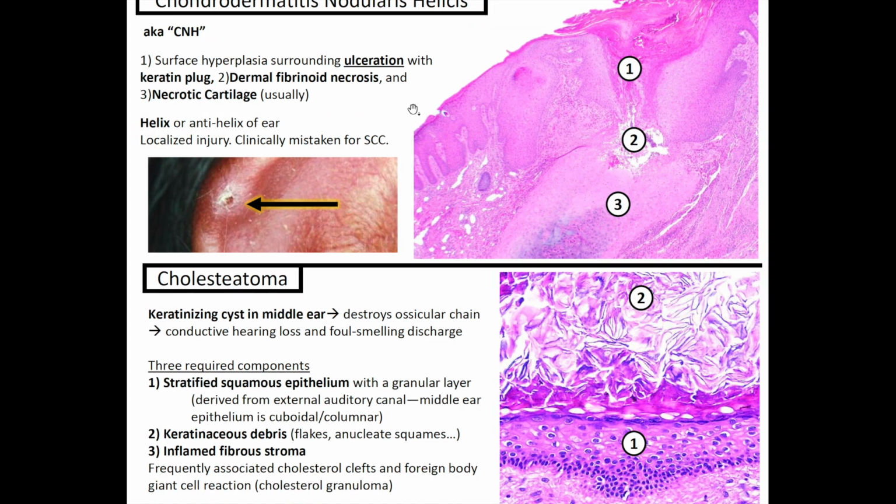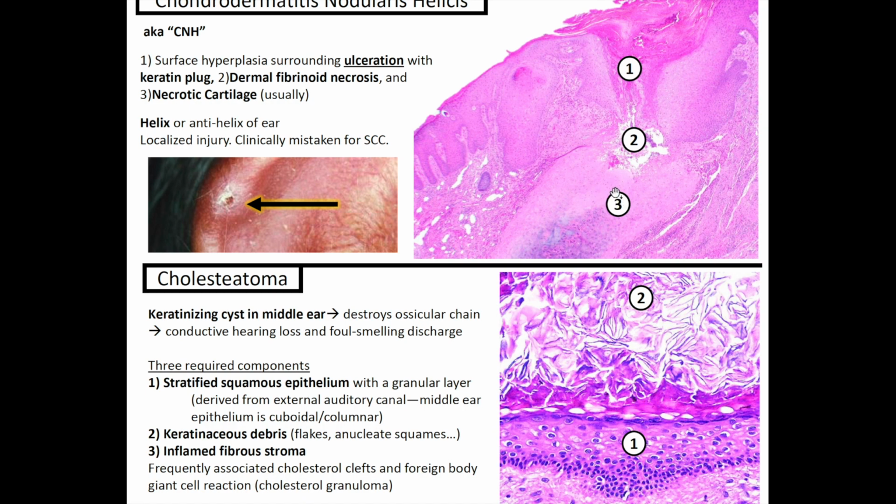Next up, I actually had a case of this entity this past week, which was exciting because I got it right. Probably because I looked at Kurt's notes. But this is a chondrodermatitis nodularis helicus, or CNH. So the 3 things you want to look out for with the CNH is surface hyperplasia surrounding ulceration with a keratin plug, dermal fibrinoid necrosis, and necrotic cartilage, usually.